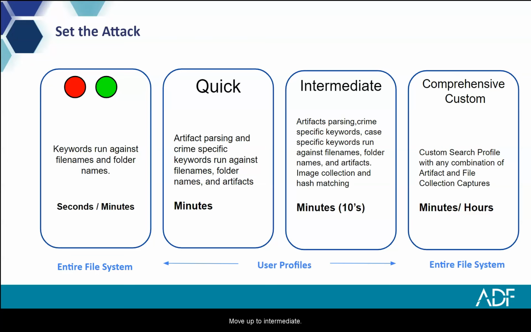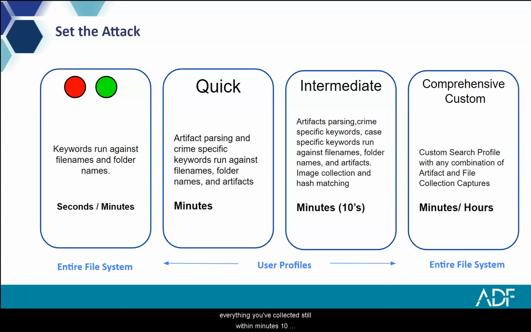Move up to intermediate. Again, the same thing that quick and red light, green light do, but here now you're adding more case-specific keywords. You're adding hashes maybe from your cyber tip, keywords from your cyber tip, still parsing the artifacts, and we're doing more file collection. We're going to collect all the multimedia and maybe the documents from the user profiles. So what does this allow you to do?